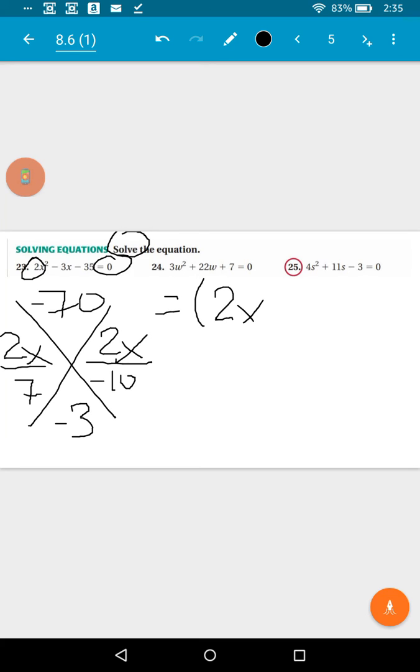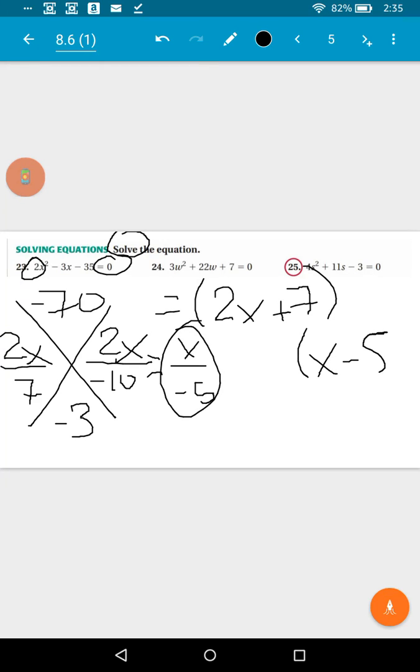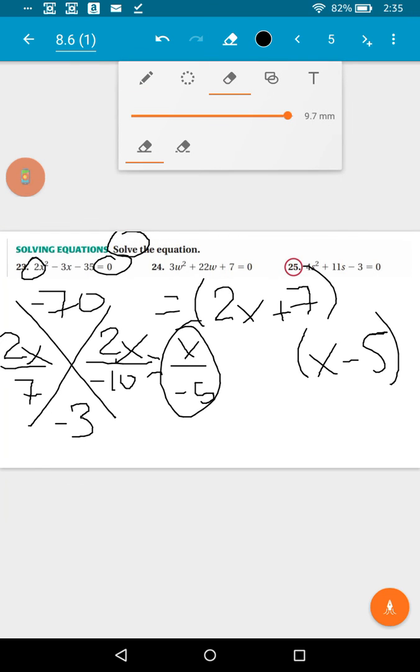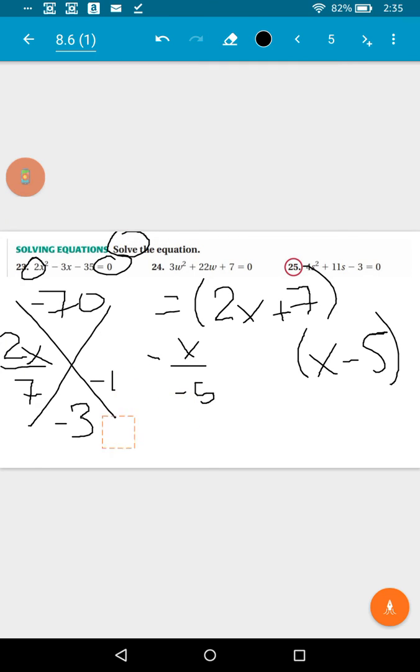I can't reduce that, so I'm going to leave it. Okay, 2x over -10. I know that becomes x minus 5. Okay, I'm going to erase my diamond because I need to take it to that extra step that I was talking to you guys about.